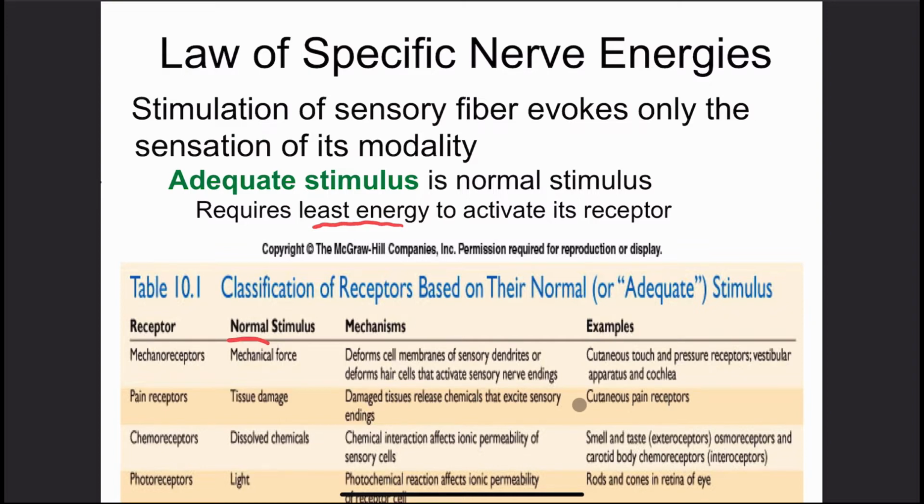Photoreceptors. The normal, or adequate, stimulus here is light. When there is a light stimulus, photoreceptors are going to be able to take that information and change it into action potentials for your brain and nervous system to process.